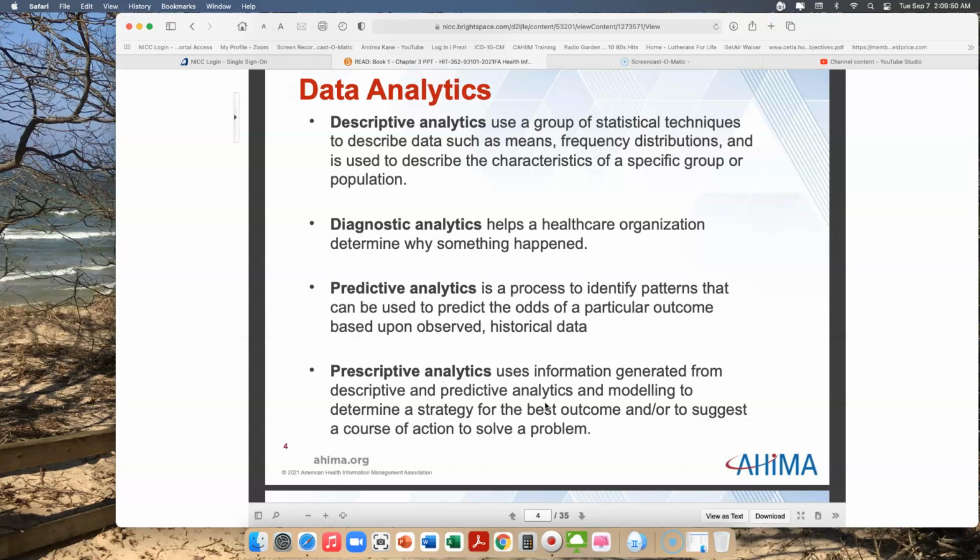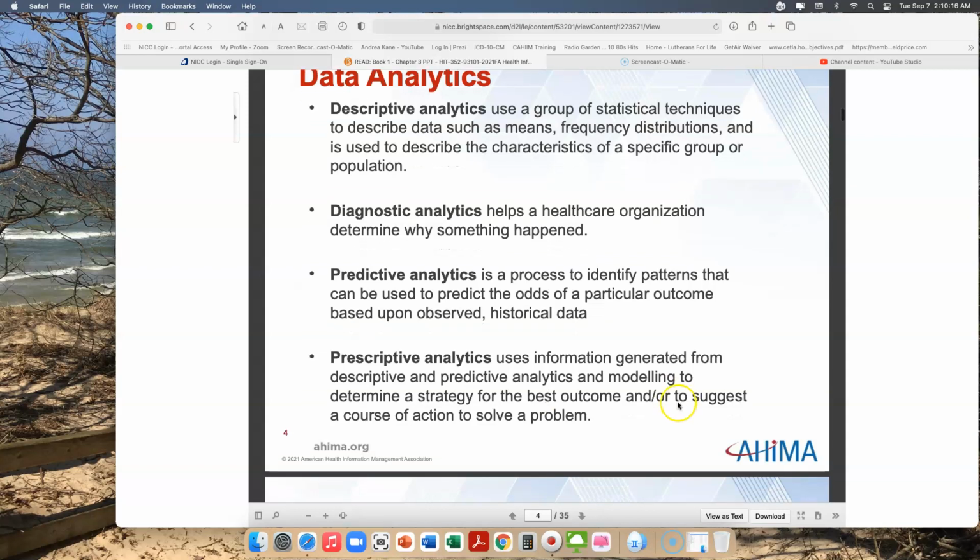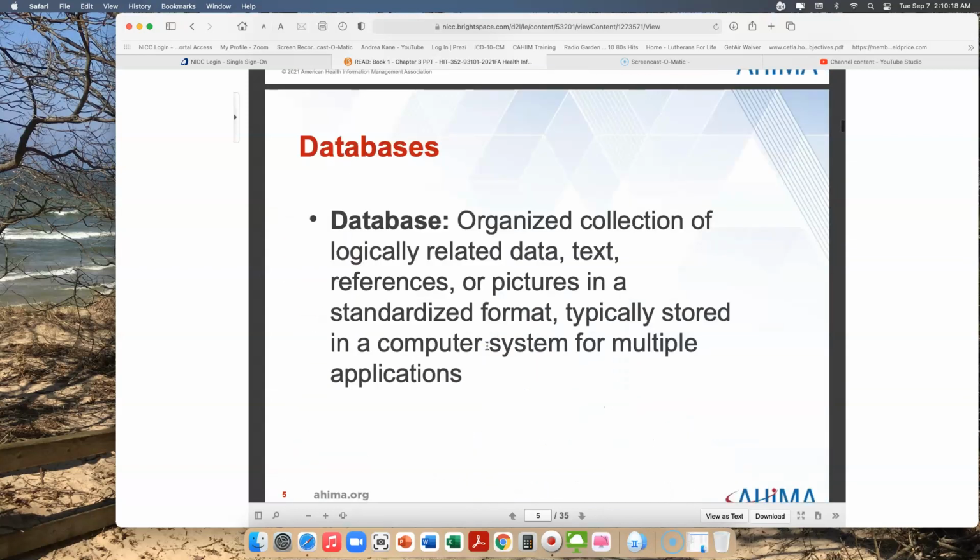Prescriptive analytics looks at strategies, like a prescription. You're going to try and find the best drug to treat the disease. So prescriptive is you're looking for a strategy for the best outcome or course of action to solve the problem. It's different than predictive because predictive looks at that observed historical data and then predicts odds of the particular outcome that you're looking at. So that's a way to look at those four.